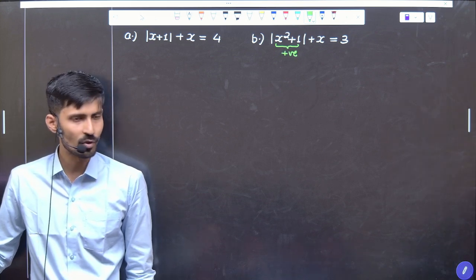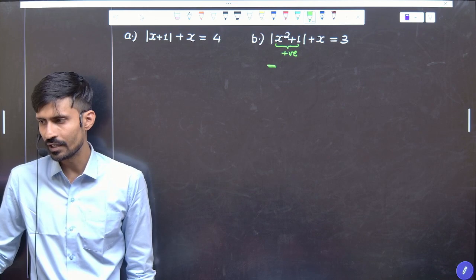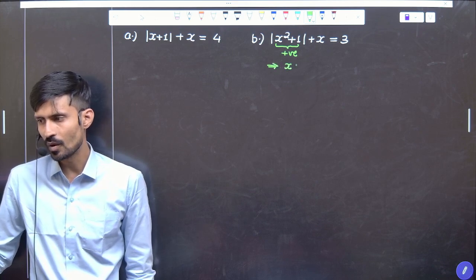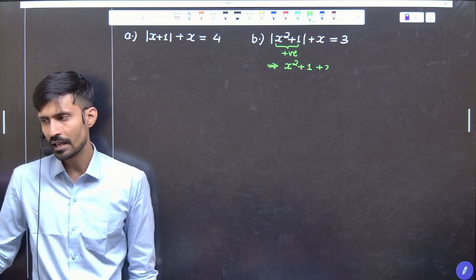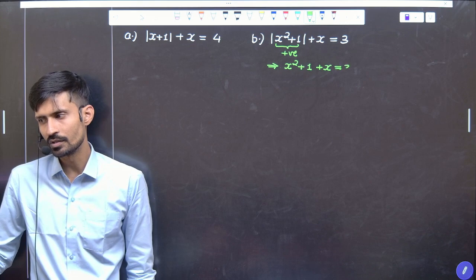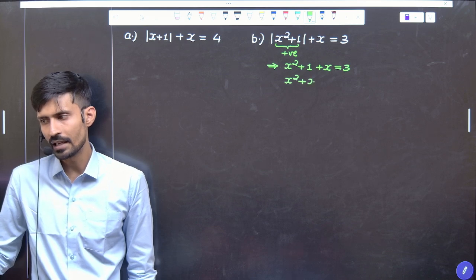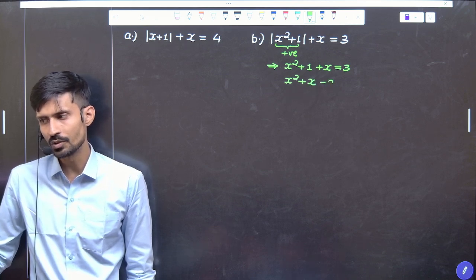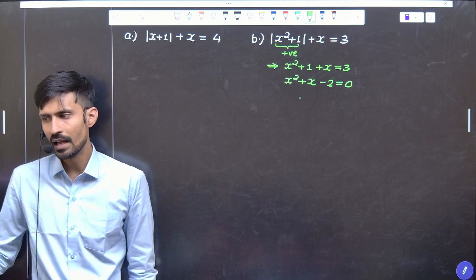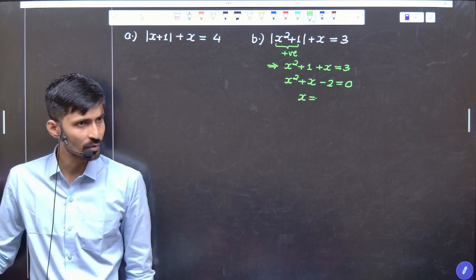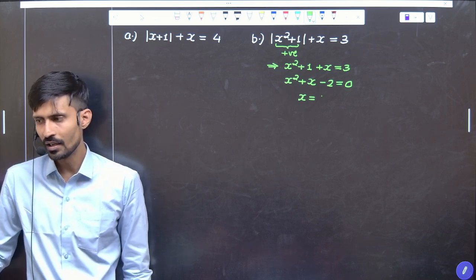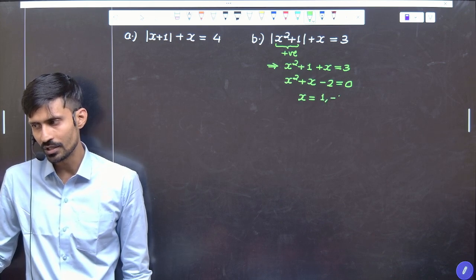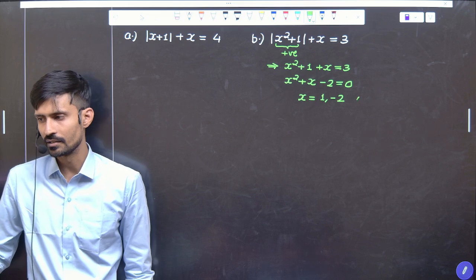And when the value is positive, we can remove the modulus directly and write x square plus 1 plus x equals 3. This gives x square plus x minus 2 equals 0. When you find its roots, using minus b plus minus root under b square minus 4ac upon 2a, one root is 1 and the other root is minus 2. We got the answer.